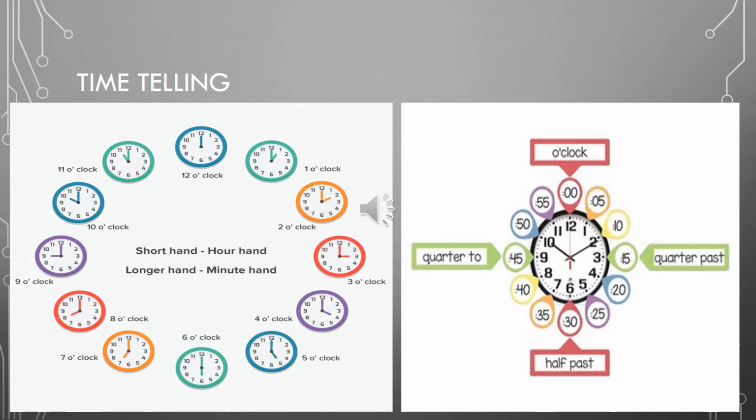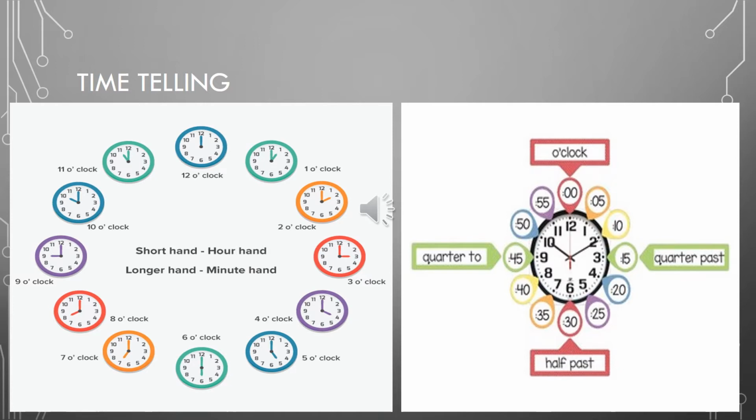Similarly, whenever the shorter hand is on 6 and the bigger hand is on 12, what time will it be? It will be 6 o'clock. When the shorter hand is on 8 and the bigger hand is on 12, what time will it be? It will be 8 o'clock.